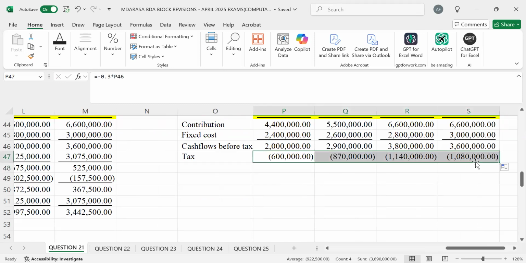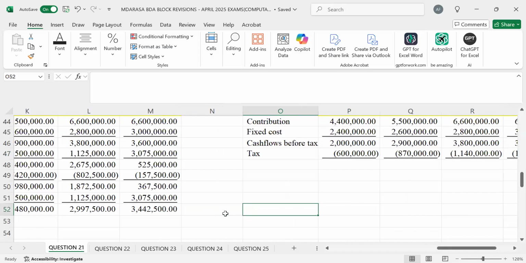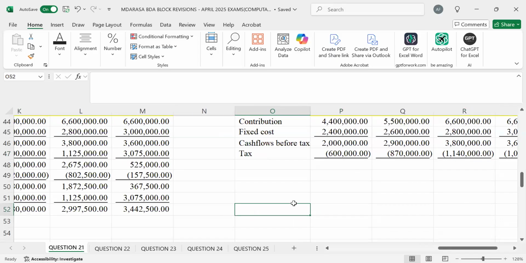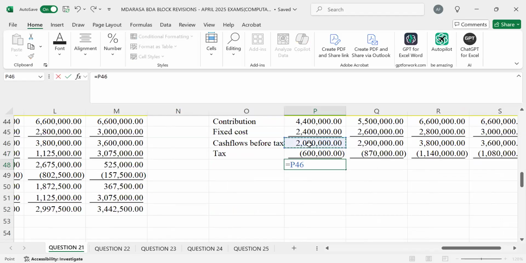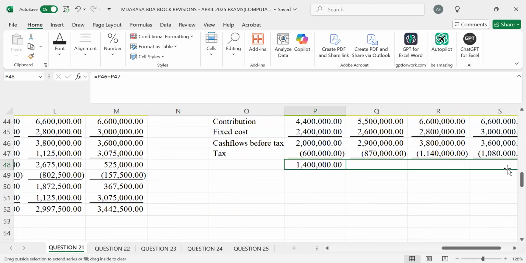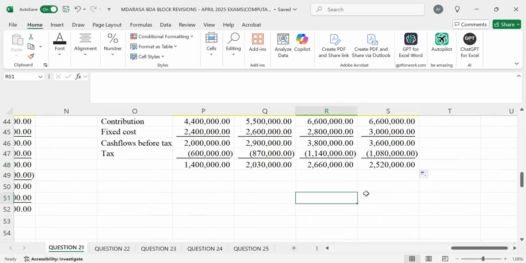So having our tax, consider our PAT, that minus that component of tax. We have 1.4 all through.